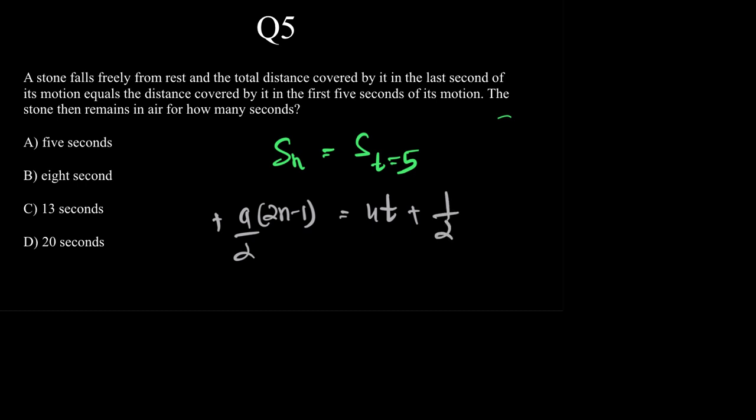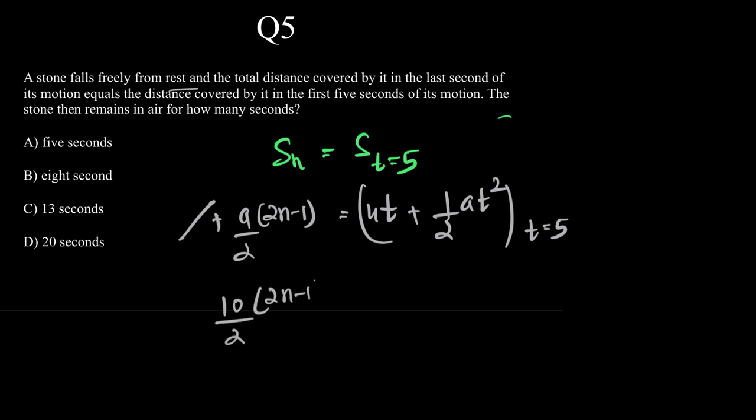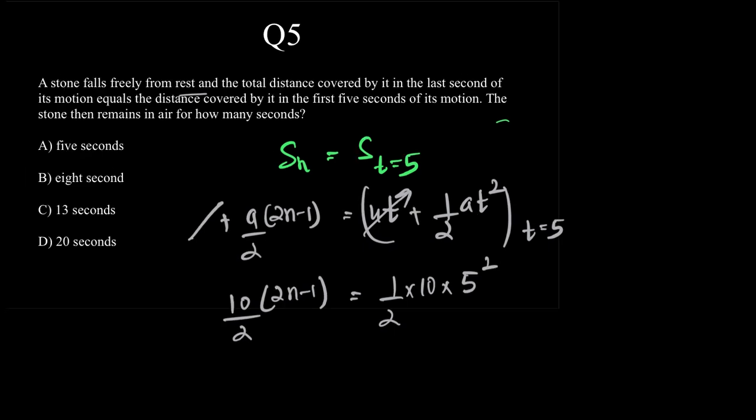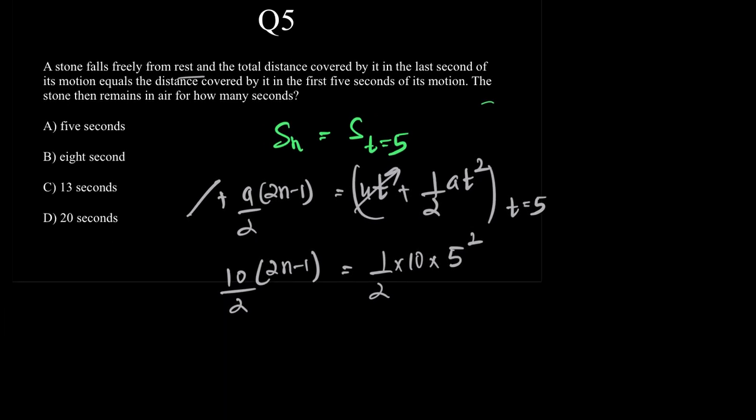ut plus half at square, and this would be at t is equal to 5. Since the ball is dropped from rest, u is equal to 0. So this becomes a by 2, which is 10 by 2, into 2n minus 1 is equal to ut becomes 0, half into 10 into t square, t is 5, so 5 square.